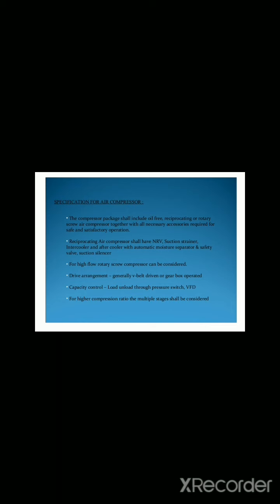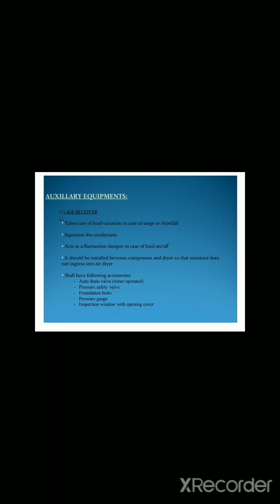Then VFD, that is variable frequency drive, is also available for the capacity control. Next point is for higher compression ratio the multiple stages shall be considered. Auxiliary equipment: the starting and process of an air compressor have the need of auxiliary equipments.